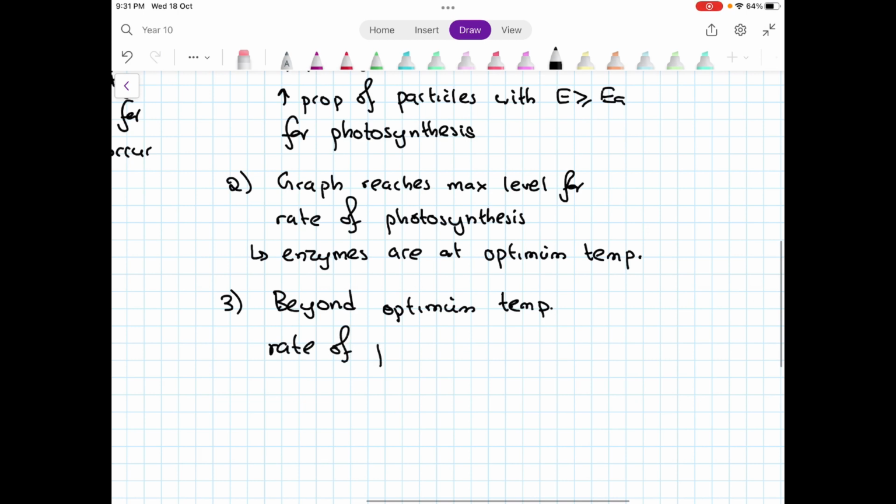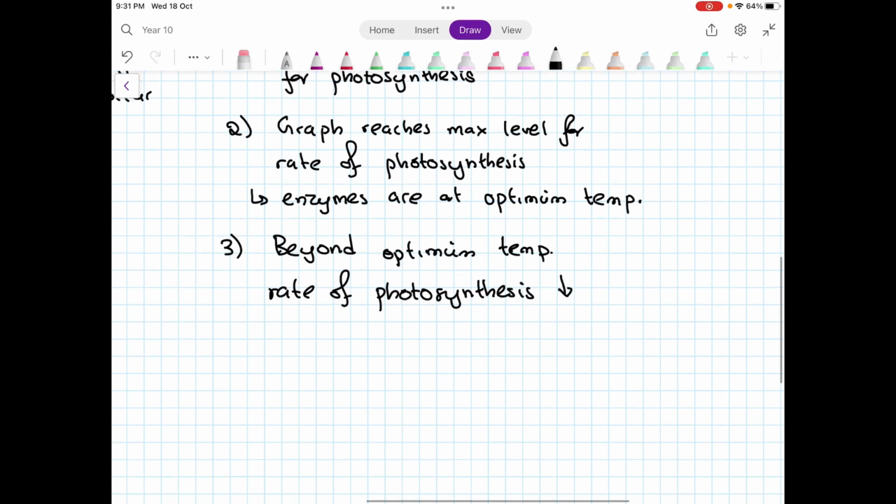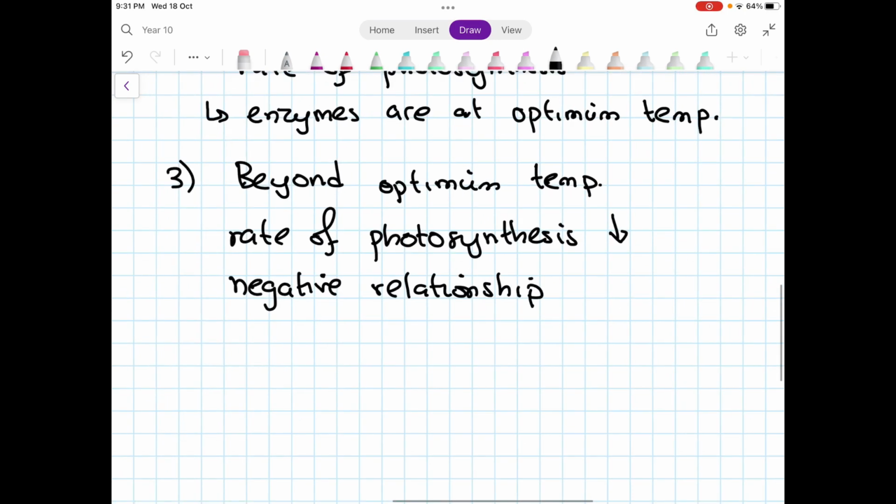So rate of photosynthesis decreases, the relationship is negative. Enzymes are denatured.